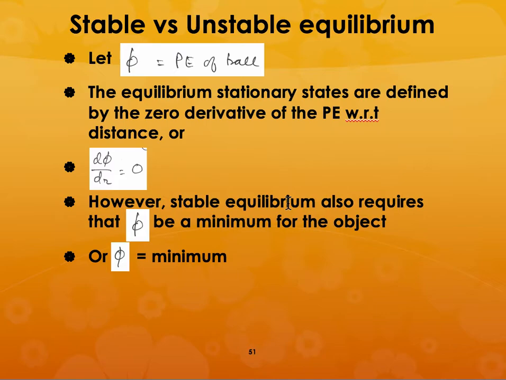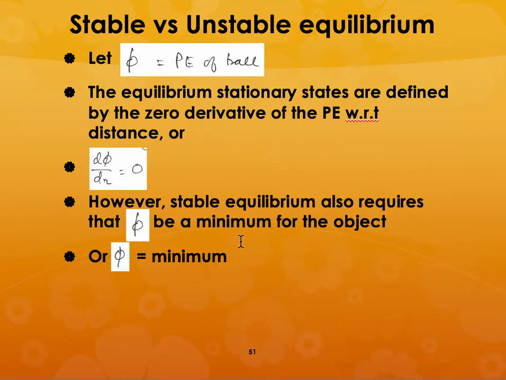So you can define that to calculate certain properties of the system. So for example, if the potential energy of the ball is equal to phi, how do you define the equilibrium stationary state? You define that by taking the zero derivative of the potential energy with respect to distance, or d phi by dr equal to 0.